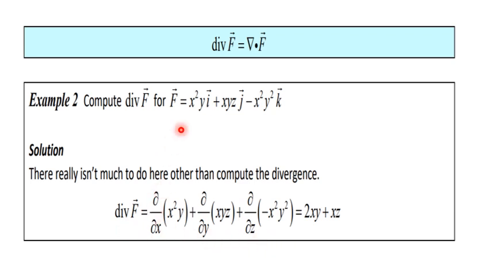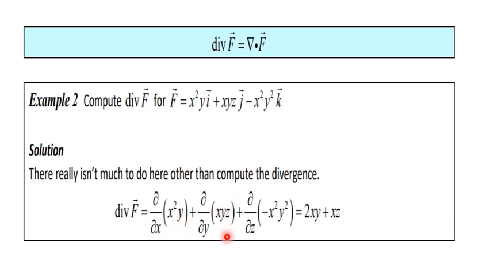You just differentiate with respect to x, y, and z. The first component is with respect to i: del upon del x of x square y, and we take the dot product of the two. When we take the dot product, i dot i becomes 1, so only del upon del x of x square y is left, and the rest of the dot products become 0.